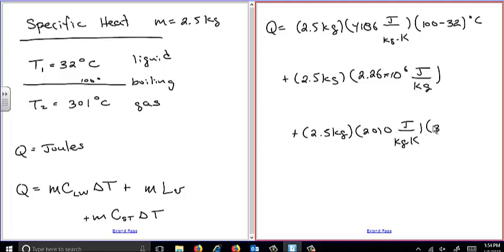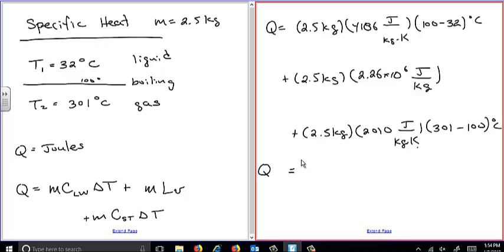And the temperature goes up to 301 from 100 degrees C. Now here it says K and here it says C, but changes in those are the same. So here it's not where the absolute temperature makes a difference. It's the change in temperature.